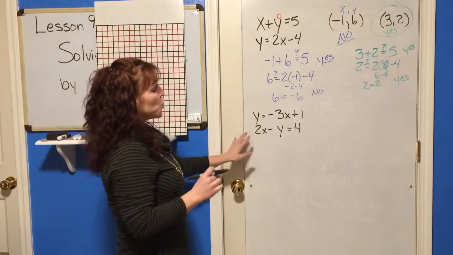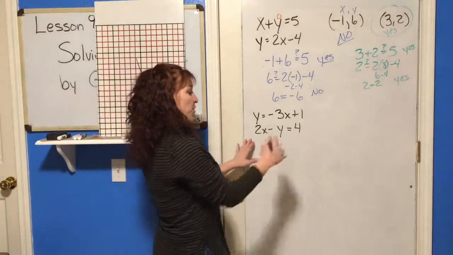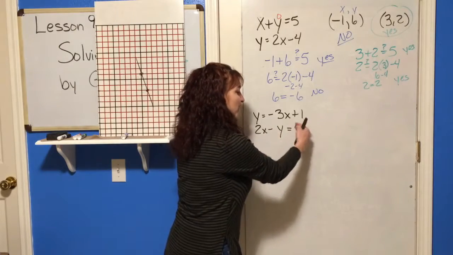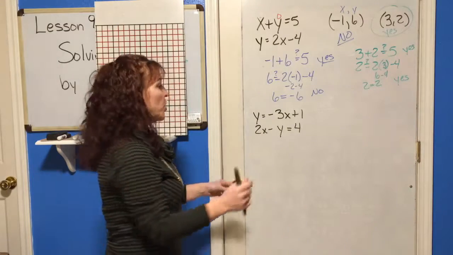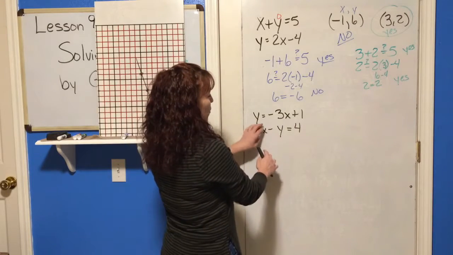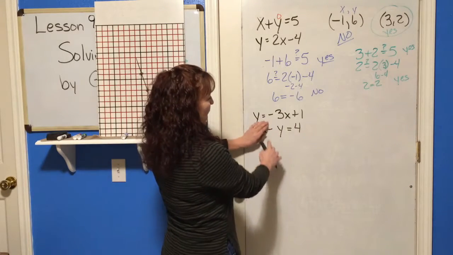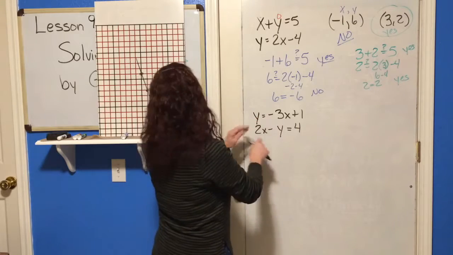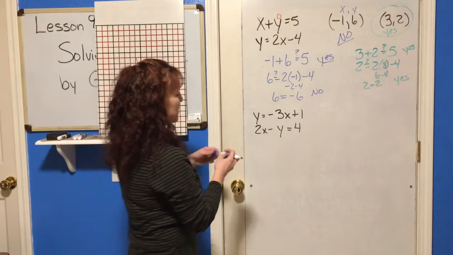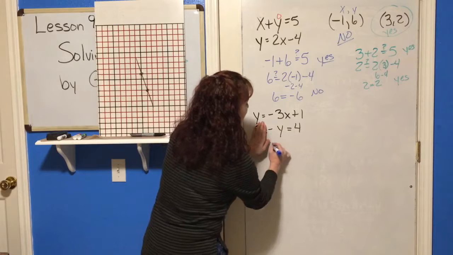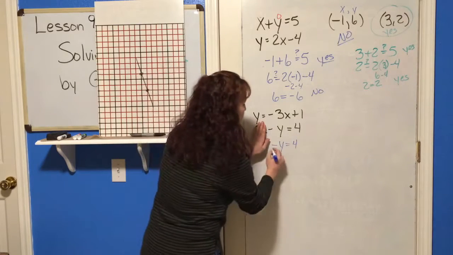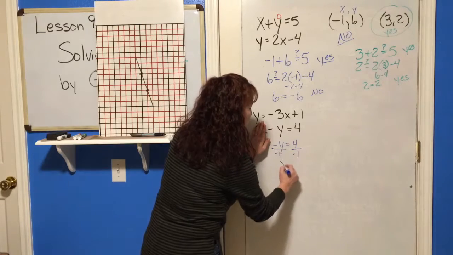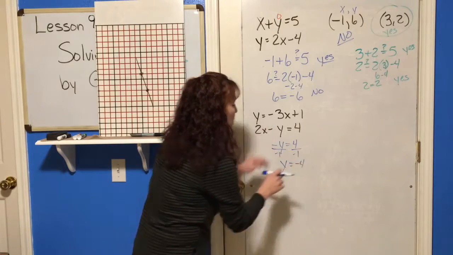All right. So now with this one, you can either add the y to both sides and subtract the 4, and then you've got a y equals mx plus b, or you can put in 0 for the x, and now if you put 0 in for x, you've got -y equals 4, so you'll need to divide by the -1 to get just y equals -4.